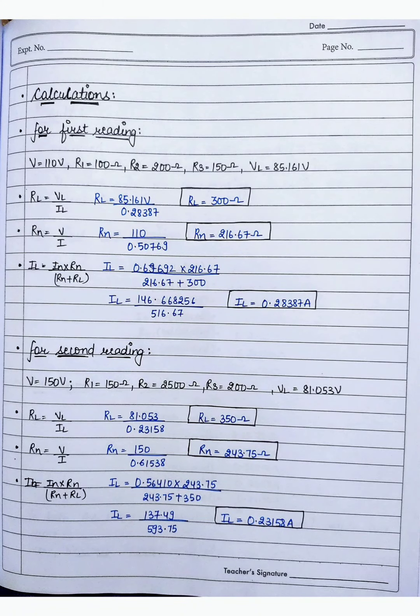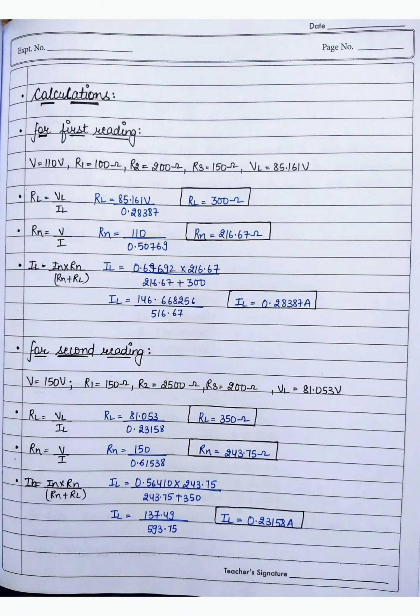For second reading, V equals 150 volts, R1 equals 150 ohm, R2 equals 250 ohm, R3 equals 200 ohm, VL equals 81.053 V. RL equals VL divided by IL. RL equals 81.053 divided by 0.23158, RL equals 350 ohm. Rn equals V divided by I, Rn equals 150 divided by 0.61538, Rn equals 243.75 ohm.